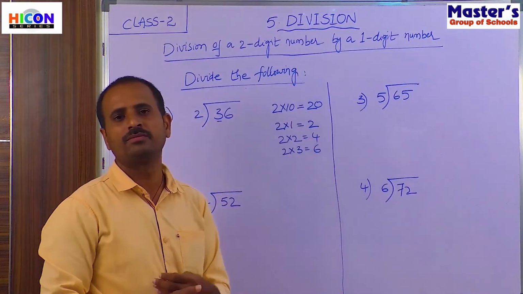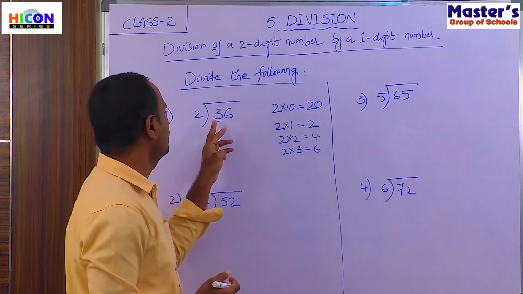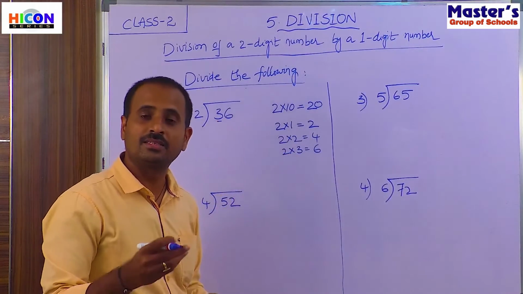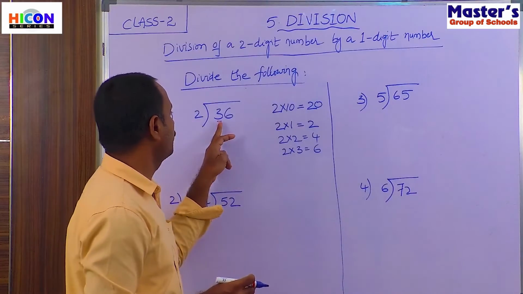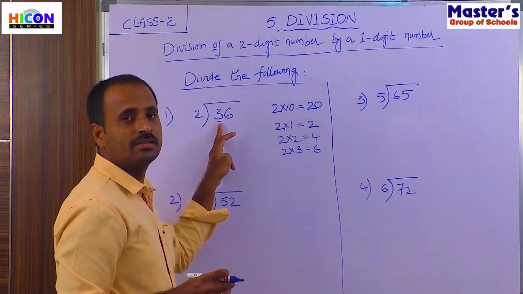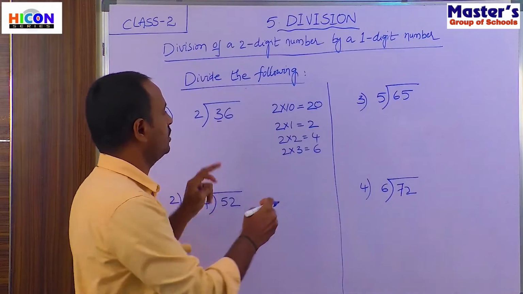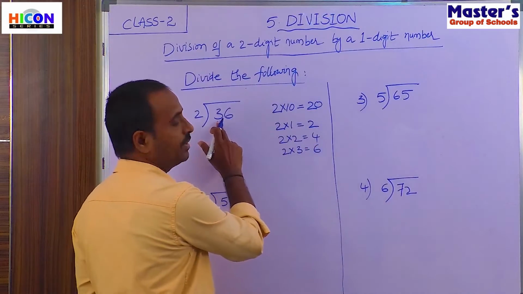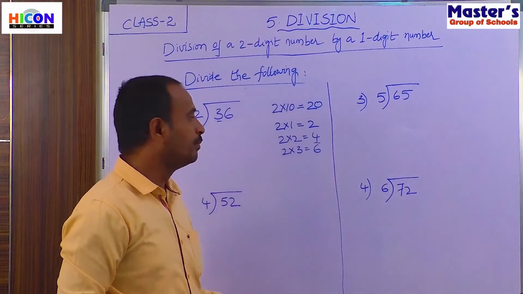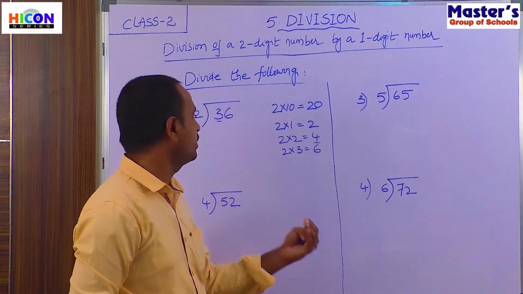Then what do we have to do? If we did not get the number 3 in the second table, then let us see the greater number just after 3. What is the greater number just after 3 here? The greater number for 3 is 4. And take its before number.